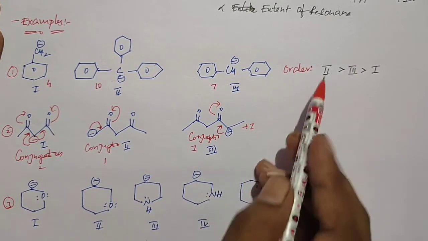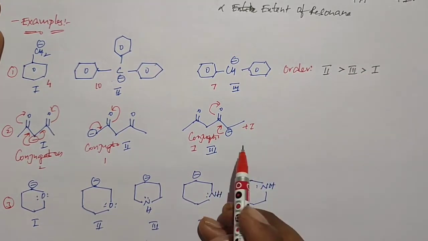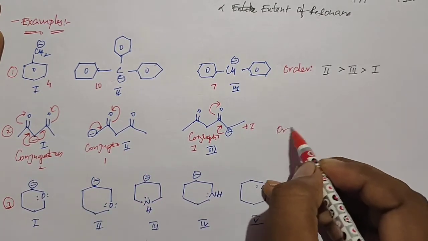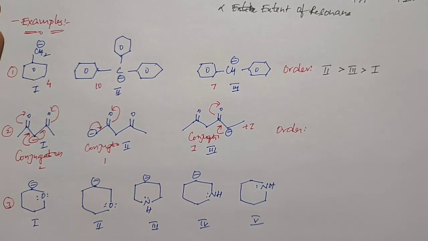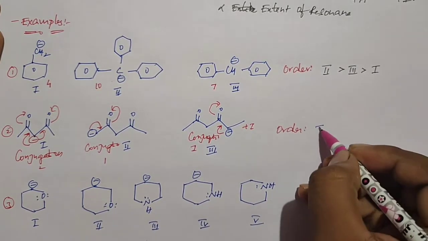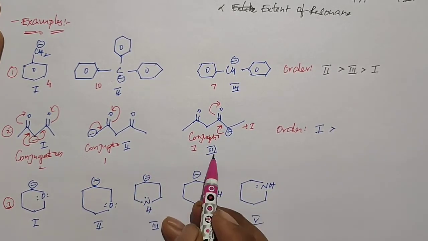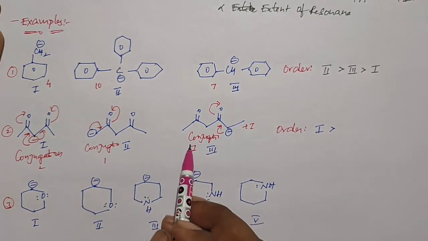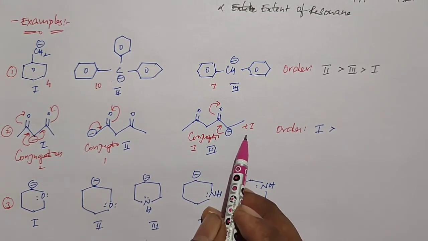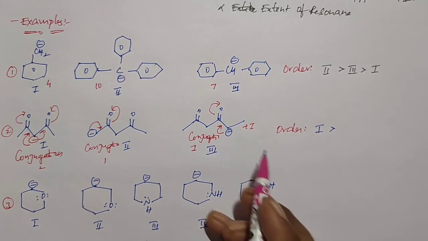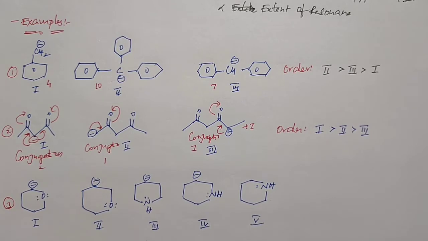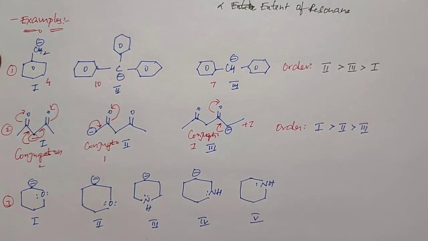So the second structure is more stable than the third structure. This is about the second example.